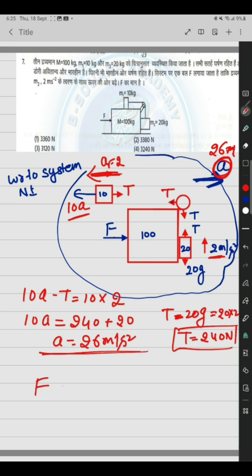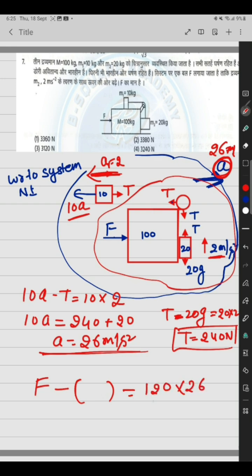Then we can say F is the applied force, and the whole system is combined. Then F minus T is equal to 120 into 26, and the tension is equal to 240 Newton.